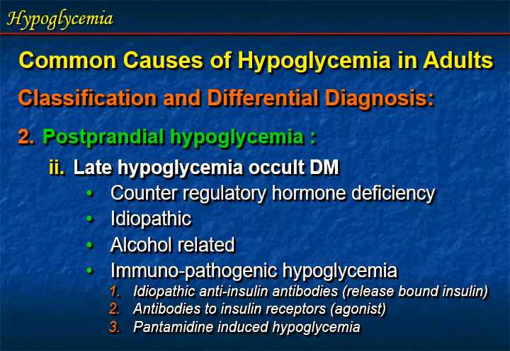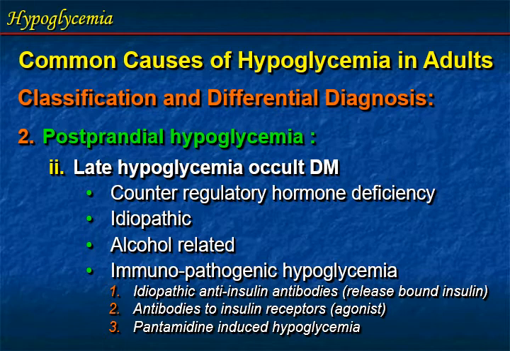And these are the growth hormone, the thyroid hormone, the epinephrine, the cortisol, and glucagon. Whenever there is a deficiency of one of these counter-regulatory hormones, we see a hypoglycemia. The other cause is idiopathic, and sometimes we face this cause when we don't reach a clear diagnosis.